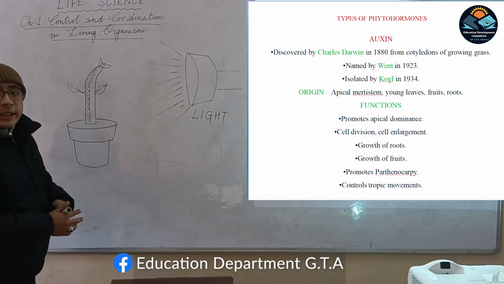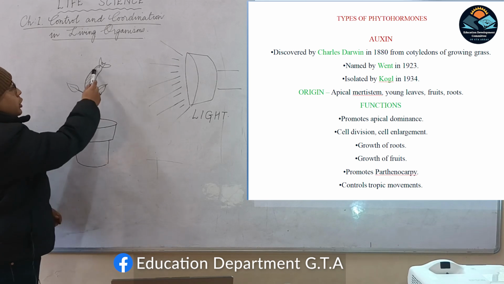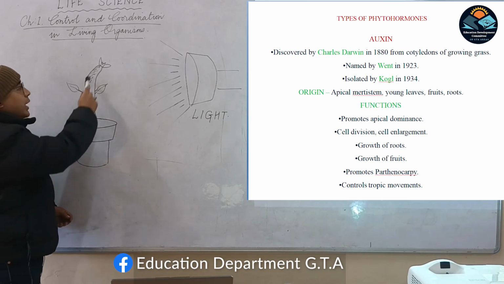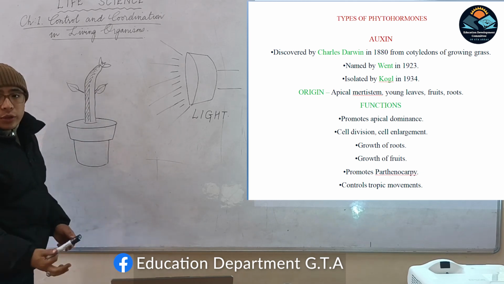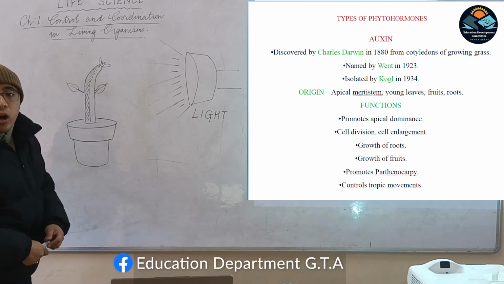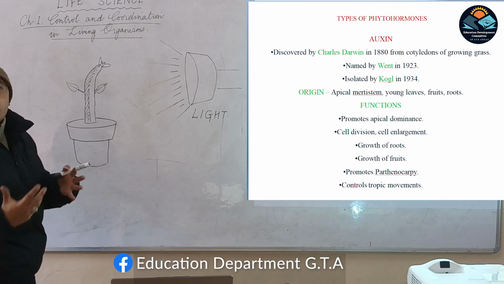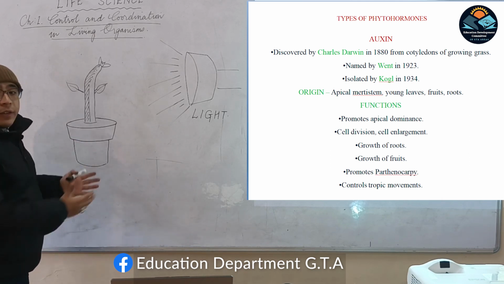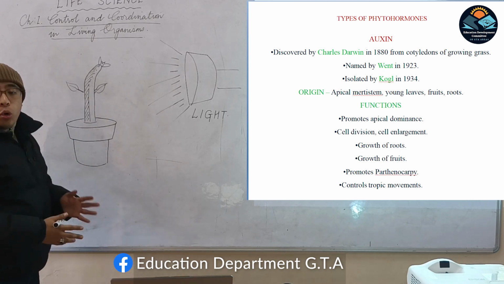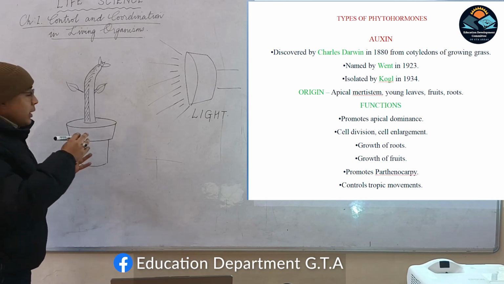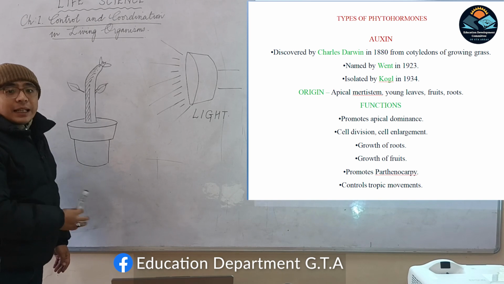So now the auxins will develop and they will be transported to the shaded portion of the plant. Now when auxins start accumulating on the shaded portion of the plant, higher concentration of auxin stimulates cell division. Cell division leads to growth. So here cell division and growth is taking place in the shaded portion of the plant, which will grow more compared to the unshaded portion which is receiving light.